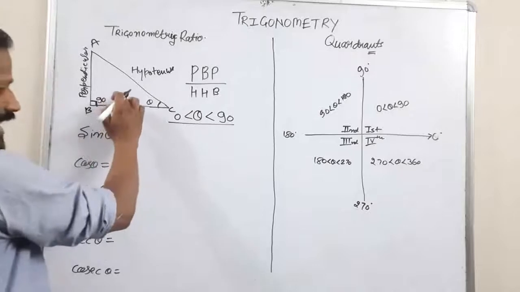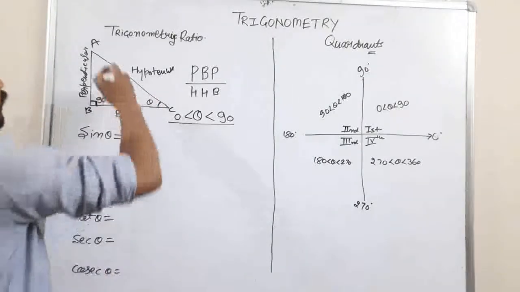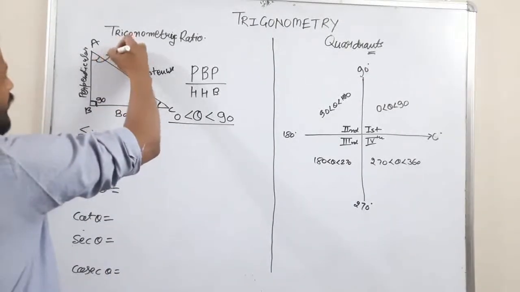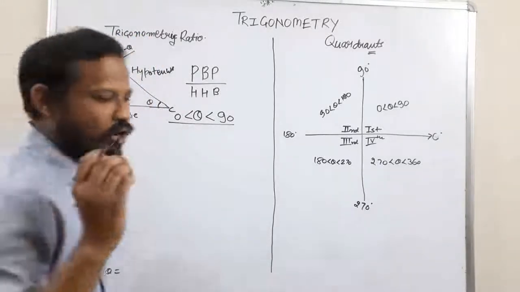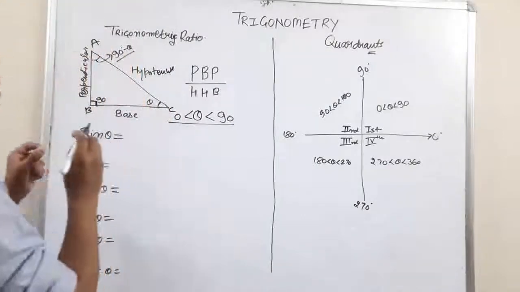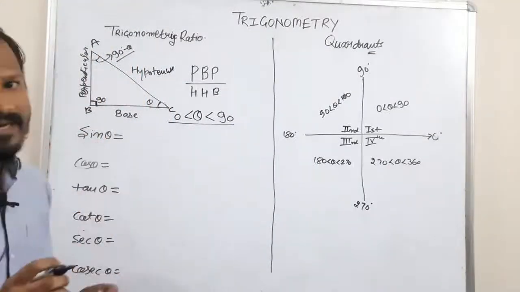One is 90 degrees, the other one is theta, so this will be 90 minus theta. This was your introduction to trigonometry and the right angle triangle.